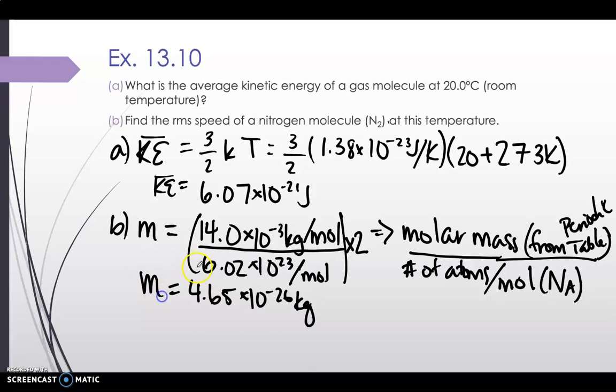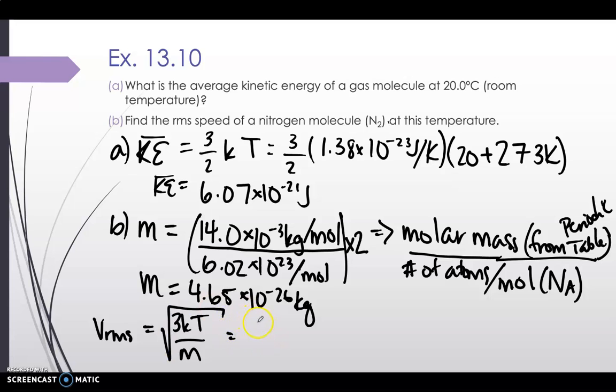So this is the mass of our nitrogen molecule, and we wanted to know our VRMS, which is 3 kT over M square rooted.